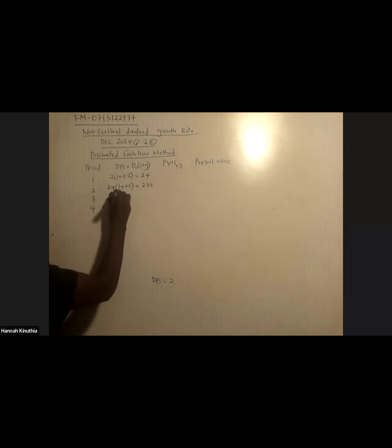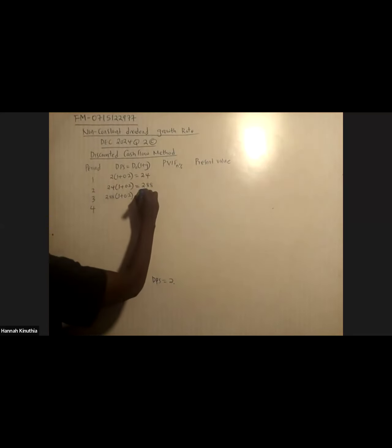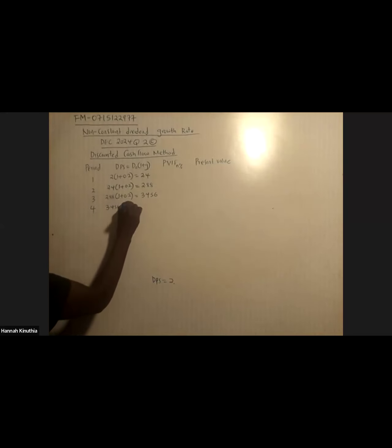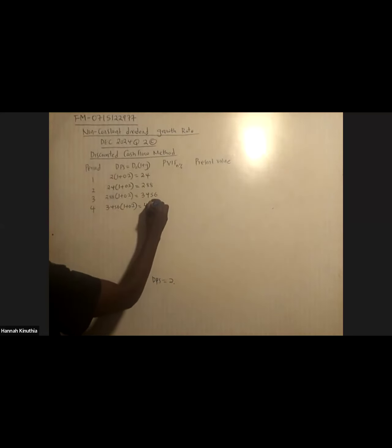Then the 2.88 will still continue growing for the next year at the same rate: 2.88 times (1 plus 0.2) is 3.456. Then 3.456 times (1 plus 0.2) is 4.1472. So let us continue.